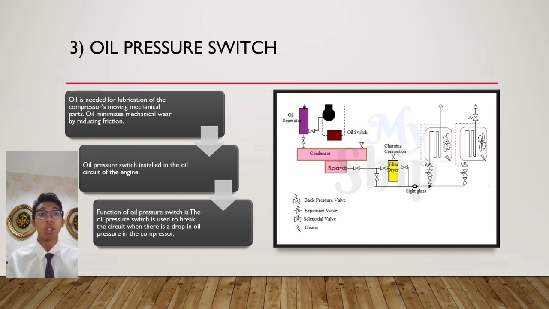Oil also minimizes mechanical wear by reducing friction. The oil pressure switch is installed in the oil circuit of the engine, as we can see in the diagram on the side. The function of the oil pressure switch is to break the circuit when there is a drop in the oil pressure in the compressor.